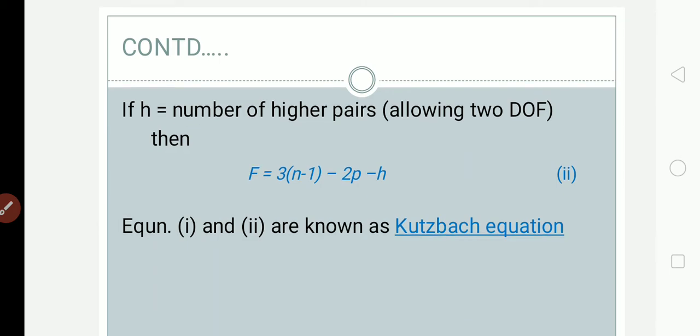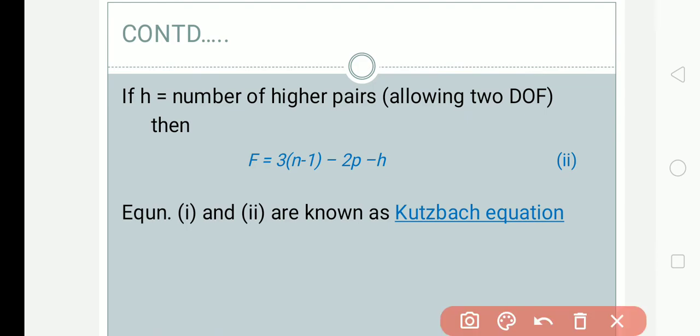The equation will be f equal to 3 into n minus 1 minus 2p minus h, where h is the number of higher pairs. That is the degrees of freedom of the mechanism.